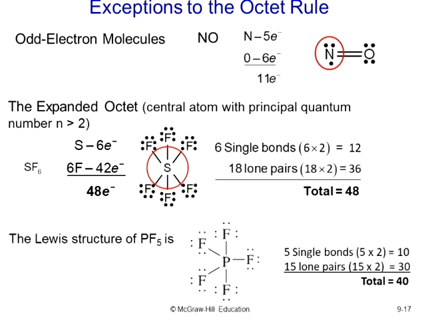Then there's this expanded octet opportunity, particularly for atoms in group 16, as we show you here for sulfur. Also note that there's an opportunity for atoms in group 15. We show you that for phosphorus.